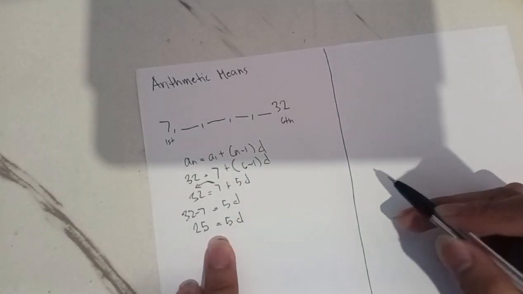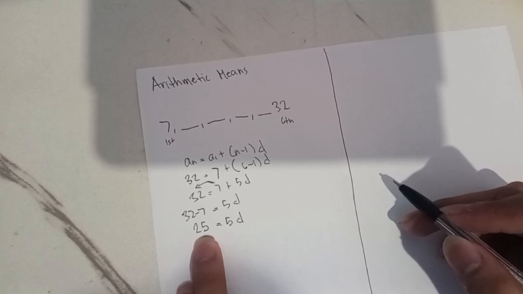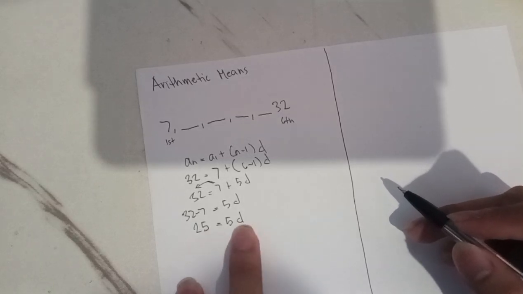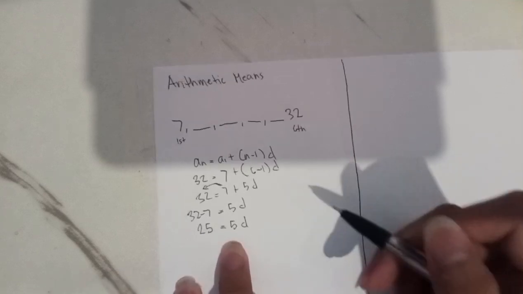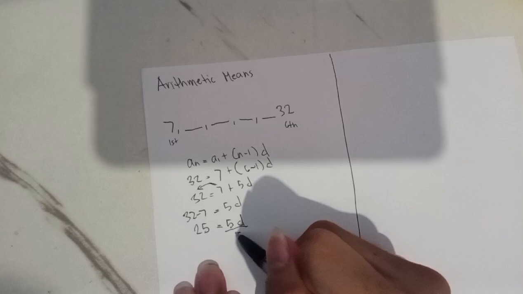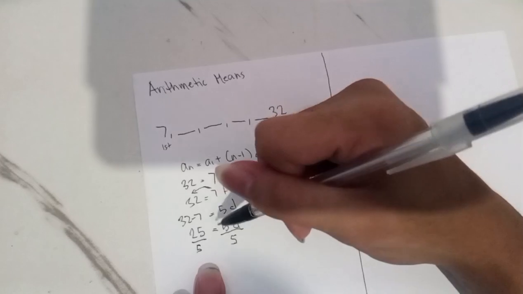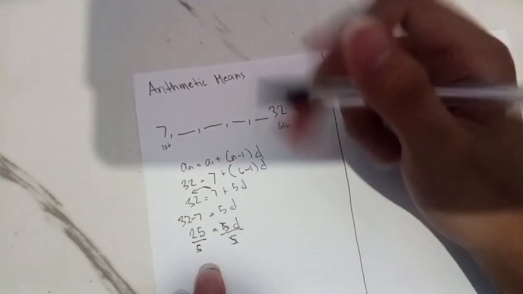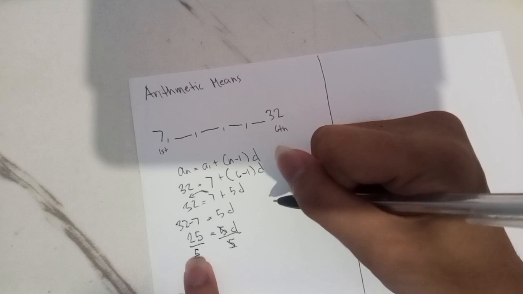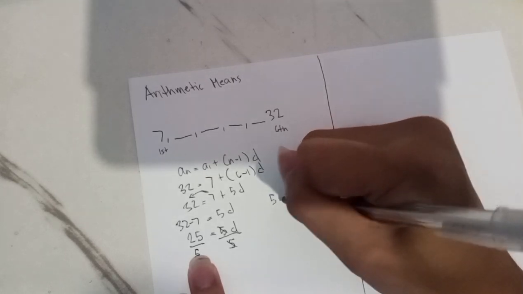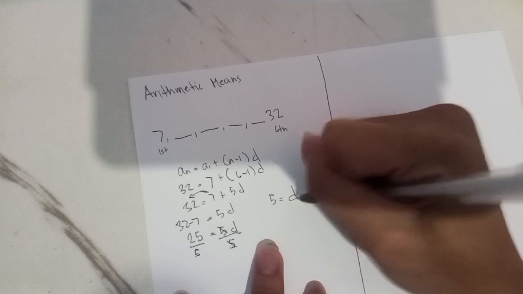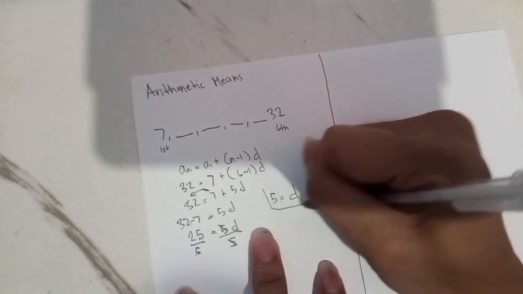And in order to isolate d from 5d, we need to divide it by 5. So divide 5 here, also here. Okay, so cancel. Now we will have 25 over 5, which is 5, equal to the common difference. So our common difference is 5.